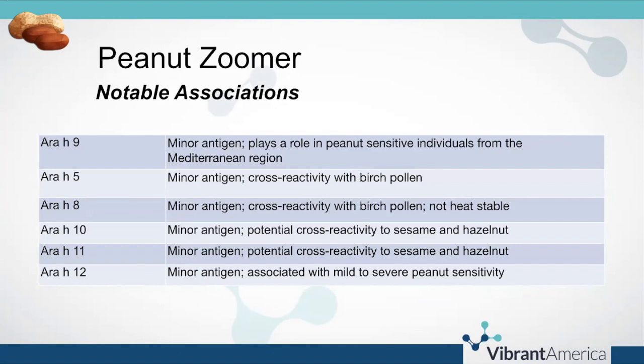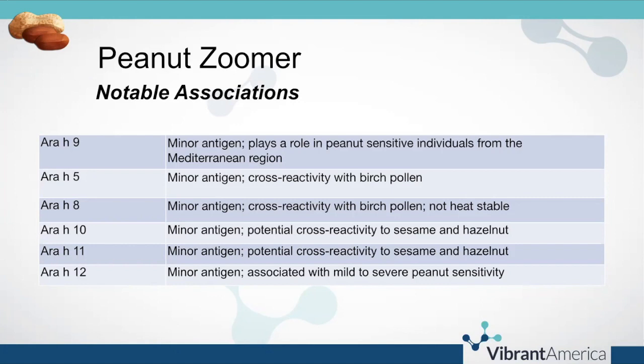So for instance, if an individual has antibodies to ARA-H5 and they eliminate peanuts from their diet, but they are exposed to birch pollen perhaps during spring or fall, they may experience the same symptoms as if they were consuming peanuts simply because they're reacting to a protein that has cross-reactivity with birch pollen. So elimination of both of these things would be necessary in order to diminish the symptoms being experienced.